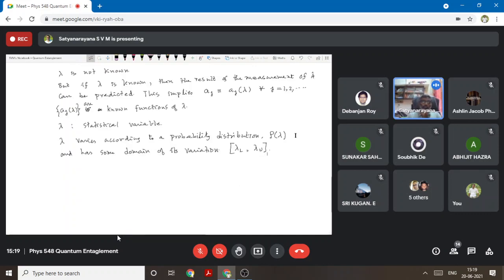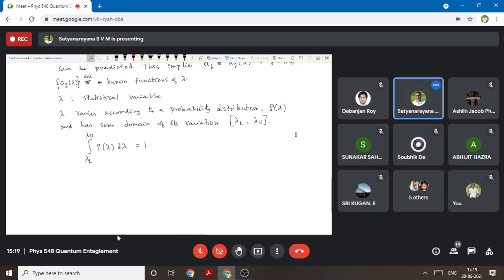So that means the integral from lambda lower limit to lambda upper limit of rho of lambda d lambda has to be equal to 1, because this is a probability distribution. Since this is a probability distribution, the total probability in the entire domain is equal to 1. So this is one aspect.